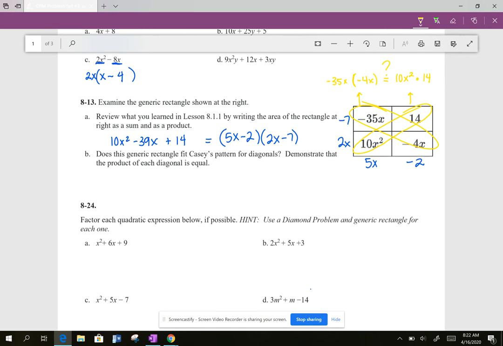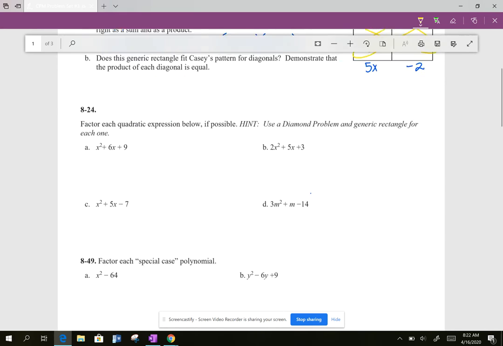Okay, this is a pattern that we saw in the generic rectangles that we were working with before we started online learning, when we were still in the classroom together. Verify that this pattern works, and then move on.